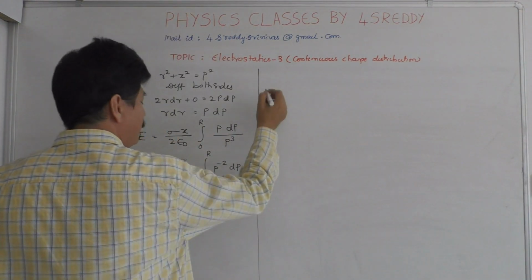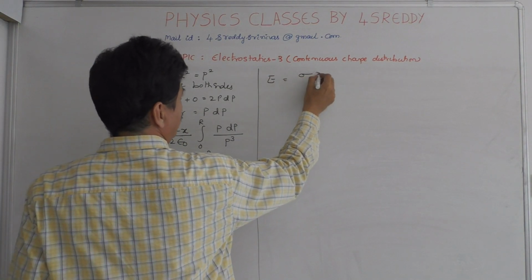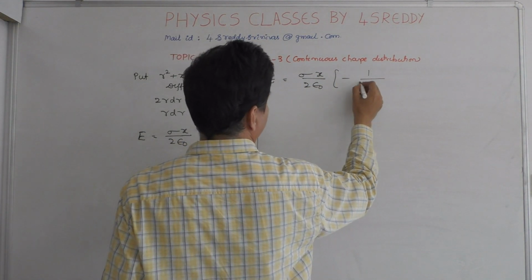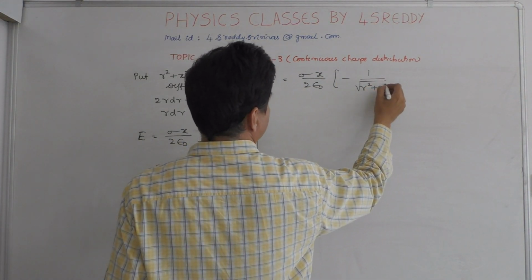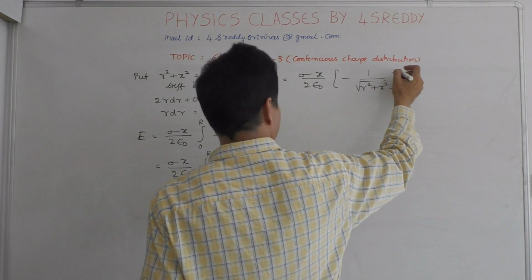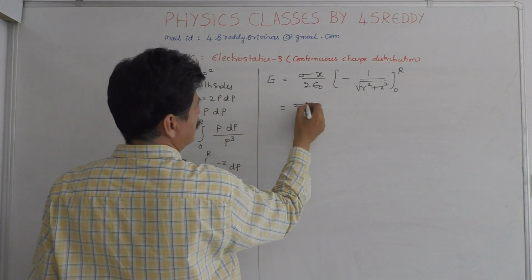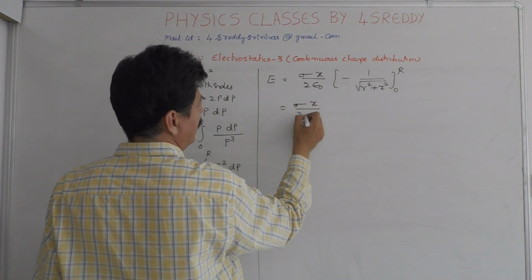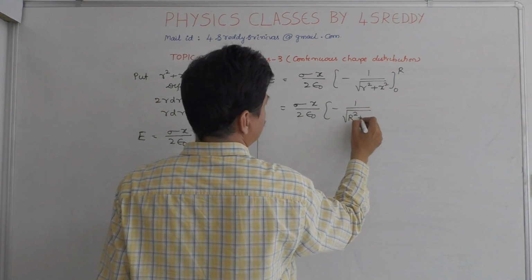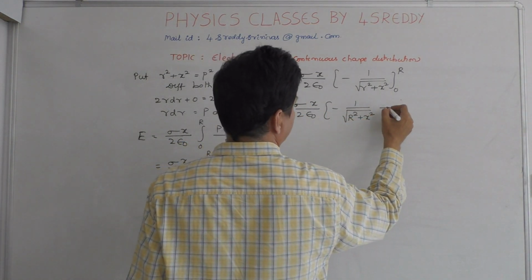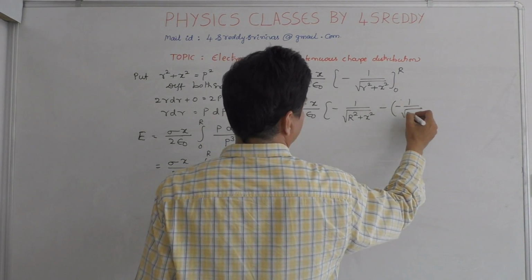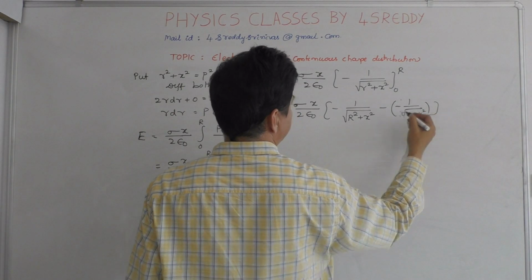Then E is equal to sigma x by 2 epsilon naught into minus 1 by root of r square plus x square, from 0 to R. That is sigma x by 2 epsilon naught into minus 1 by root of capital R square plus x square minus 1 by root of 0 plus x square.